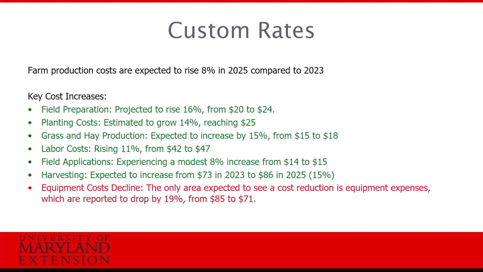And we saw a substantial decrease in some of these equipment costs with excavating rental, bush hog rental. That did decrease about 19%, which offset that. But you can see field preparation, planting costs, hay production, labor, field applications, and harvesting all were increasing between 8 and 16%.